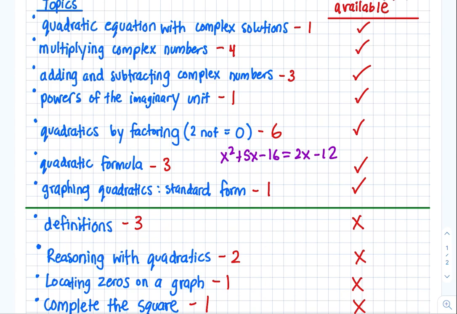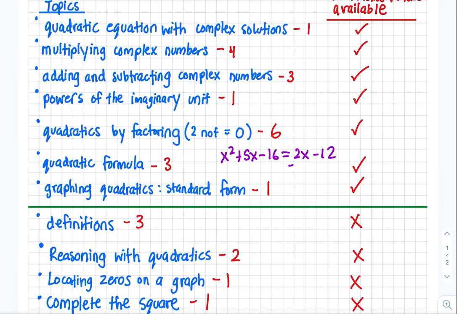Remember, in order to solve your equations, all of your equations have to be set equal to 0. It's not going to tell you that, but that is something you need to know. So what you have to do is subtract and move everything to the left-hand side. Once you do that, you're going to have x squared plus 5x minus 2x, which is 3x, and negative 16 plus 12 is negative 4.